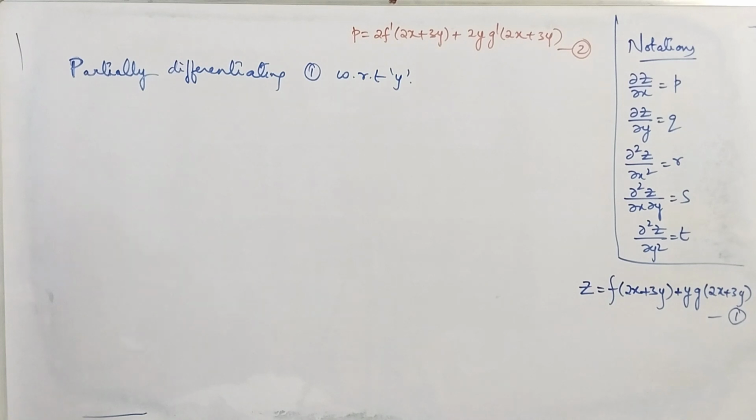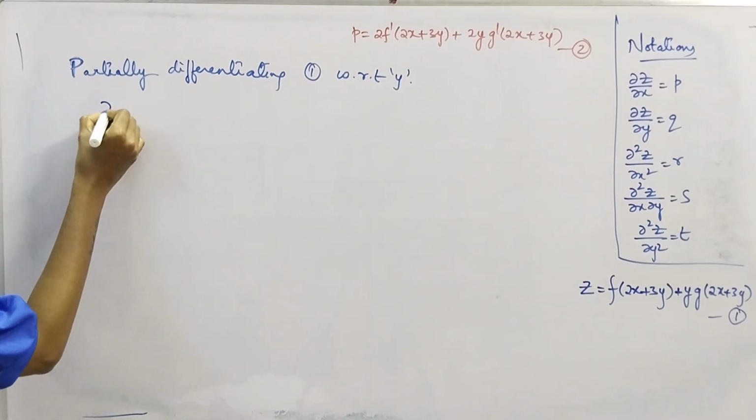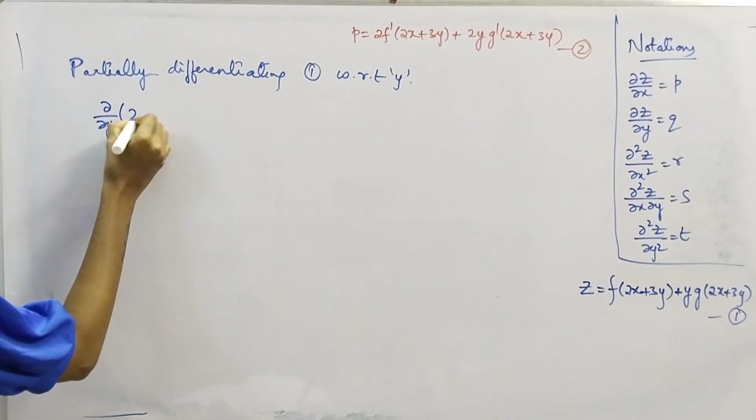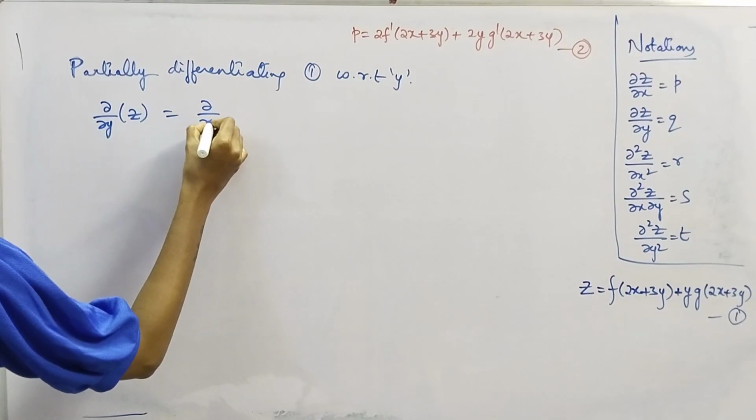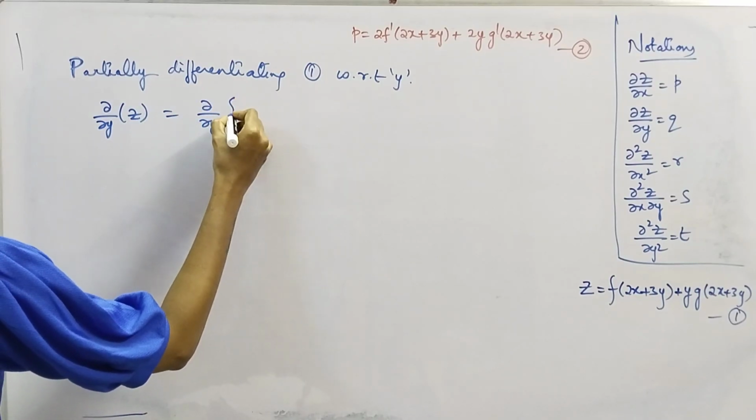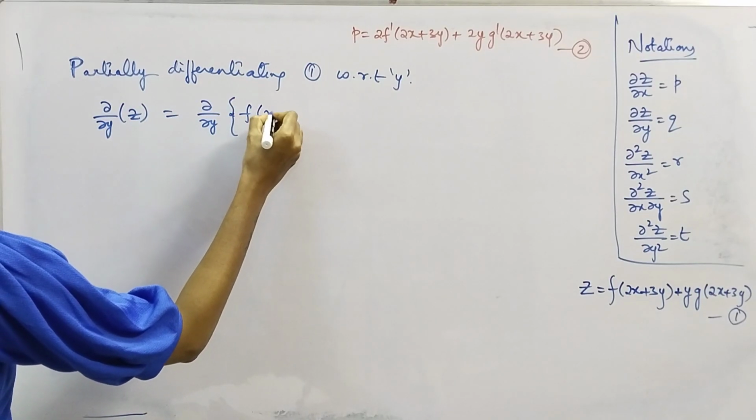Just apply dou by dou y on both sides of 1. Okay. Here we are partially differentiating with respect to y, so we'll treat x as constant. Just apply dou by dou y on both sides of 1 to avoid error. Okay. Or you can do it directly.